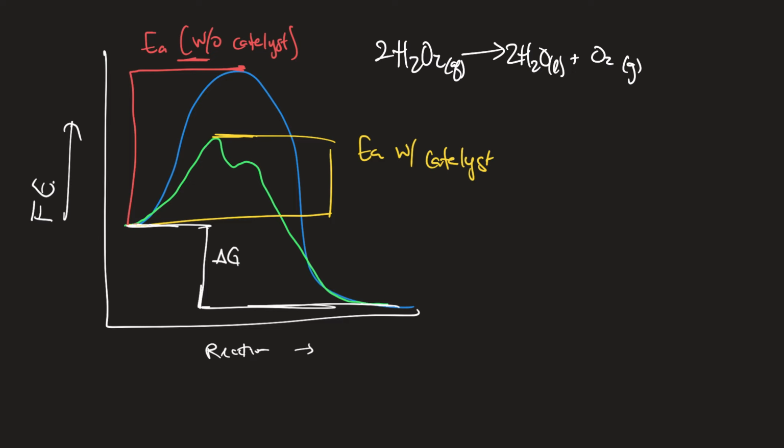Now, you could actually speed up this process. You could add potassium iodide. If you add potassium iodide, you speed up this process thousands of times, to the point that you could actually just watch it bubble. You could also add manganese peroxide, or sometimes it's called manganese dioxide.